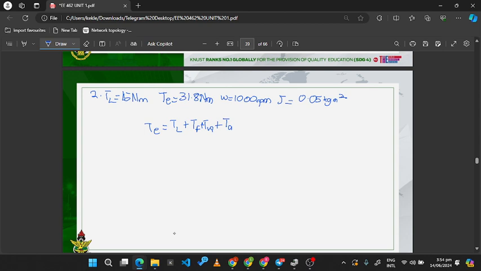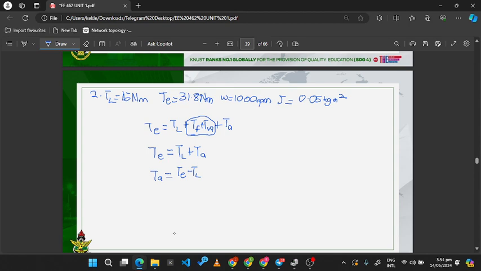We don't have any parameters for this, so we'll assume that these are negligible, so that our final equation becomes this is equal to this plus this. Okay, so you can find the acceleration torque as TE minus TL.